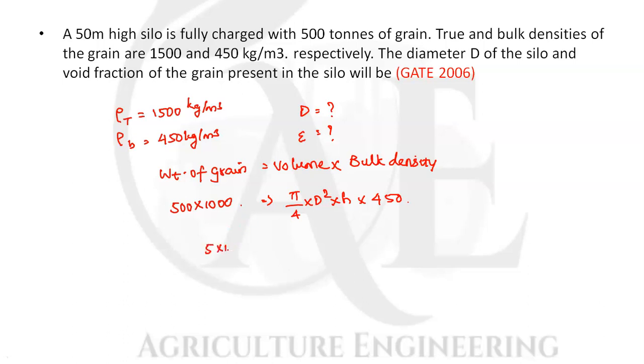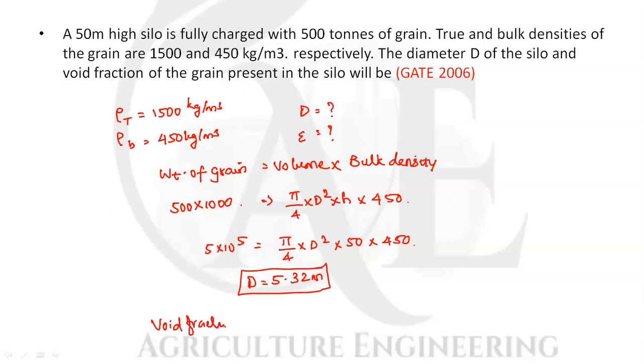So 5 into 10 to the power of 5 is equal to pi by 4 d square into h, they had given us 50, into 450. You can get the answer d as 5.32 meter. So diameter you have found, and now you want to find the void fraction. The formula you will already know: void fraction is equal to 1 minus bulk density by true density or particle density.